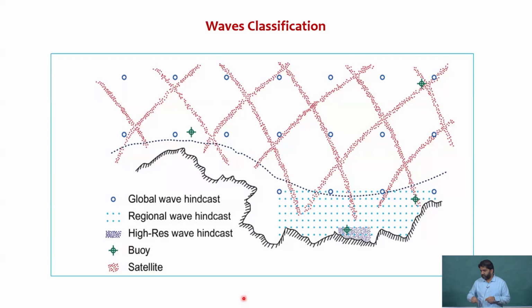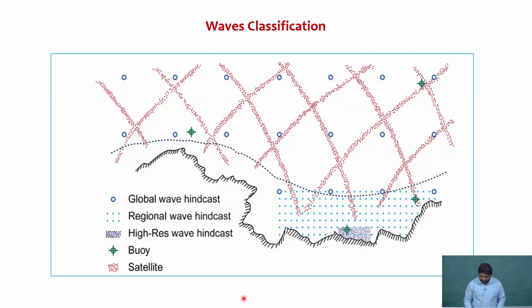Standing here, am I looking at that one wave that is coming at me, or am I looking at a large picture? People would be looking at waves as a global phenomenon. Some of them would be studying large grids, probably the entire coastal India. So, depending on that, you would go for the type of wave data that you can borrow.